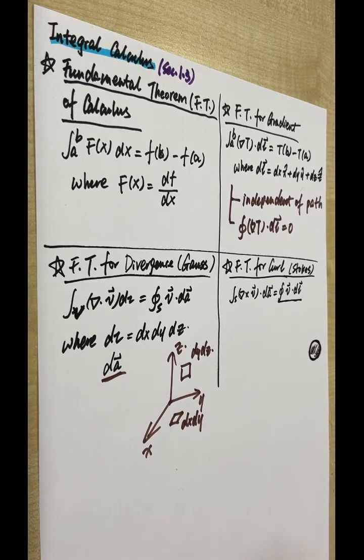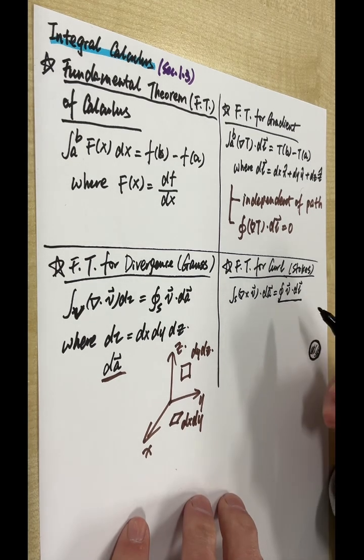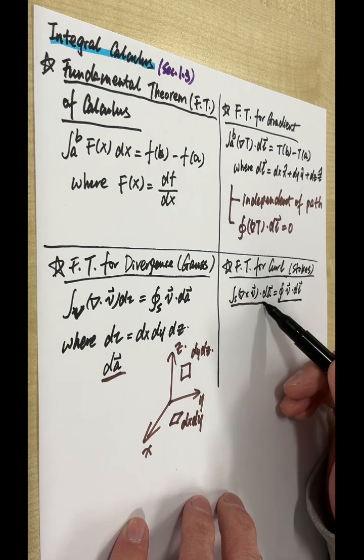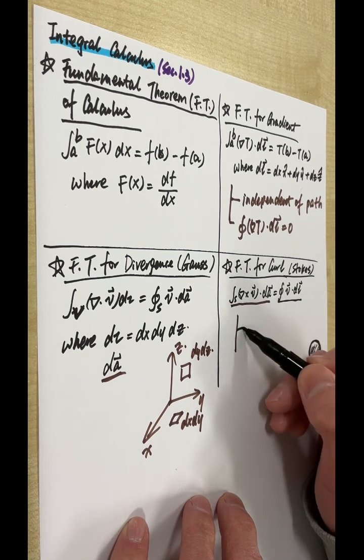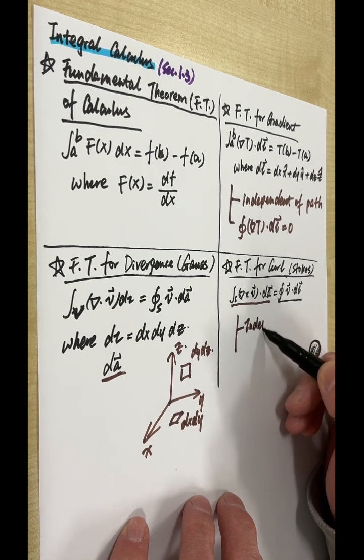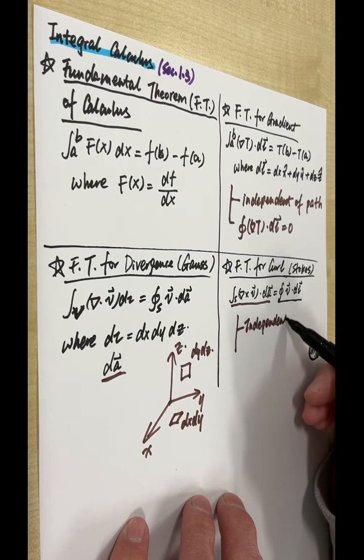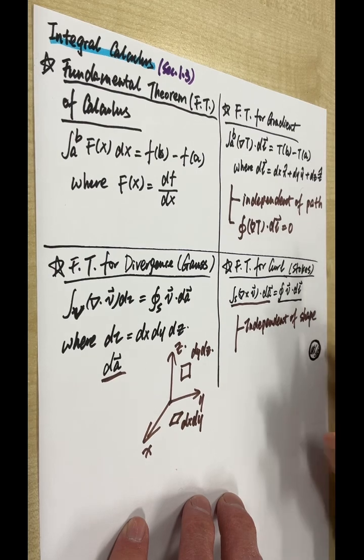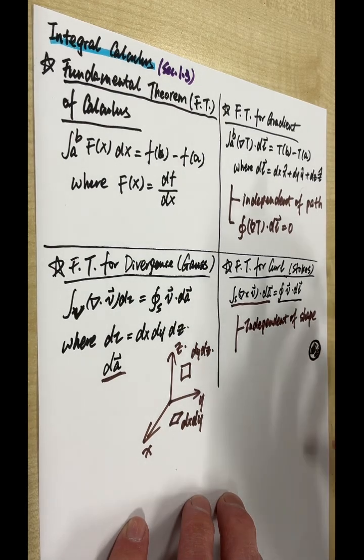So we have 2 properties from this theorem. The first one, obviously based on this theorem, is that the surface integral becomes independent of shape. So the surface can be flat, or it can be like a sphere above the plane.